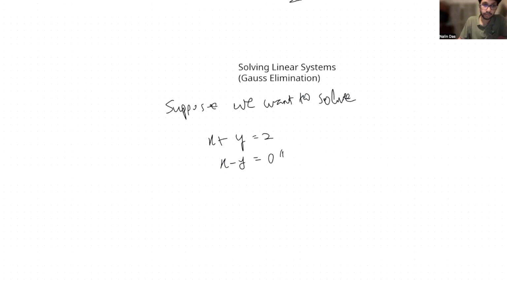How would we do this? Now let's say you want to solve three equations, which is basically a linear system. How would we do this?